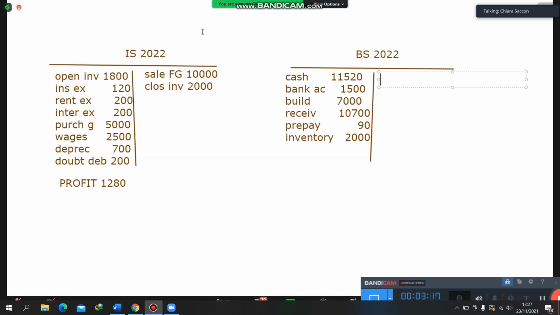Then, balance sheet on the liability side, we have the loan, 4,000. Then we have payables, 5,000. Then again, we have accruals, 200.